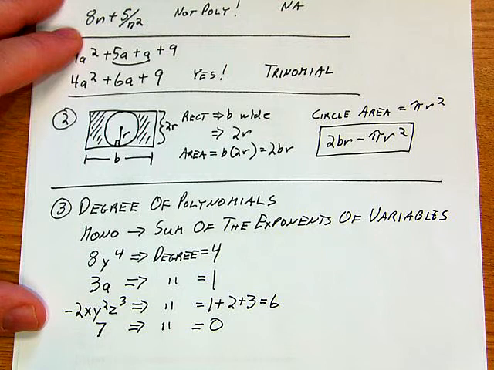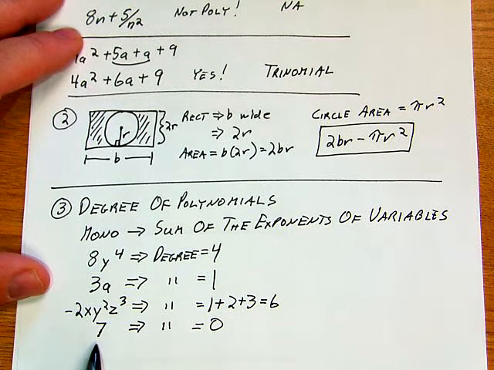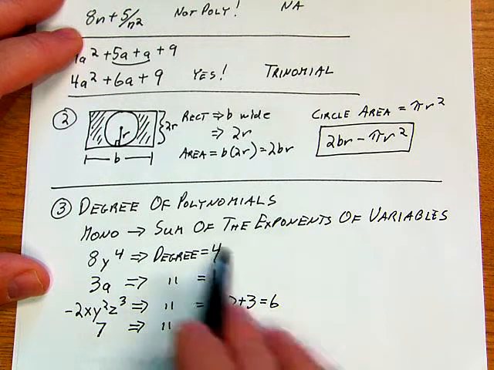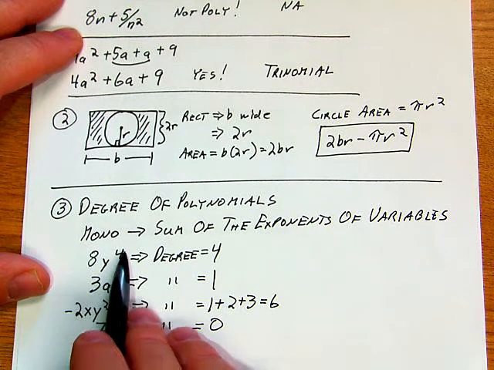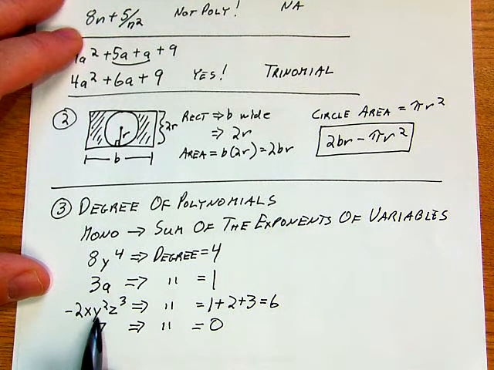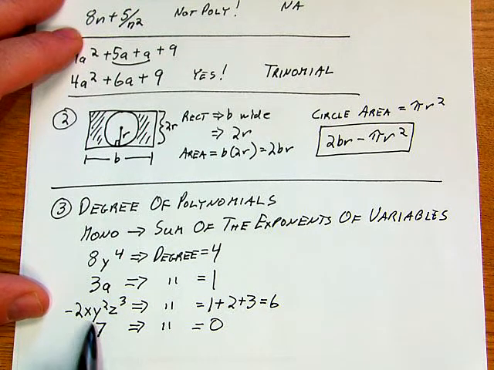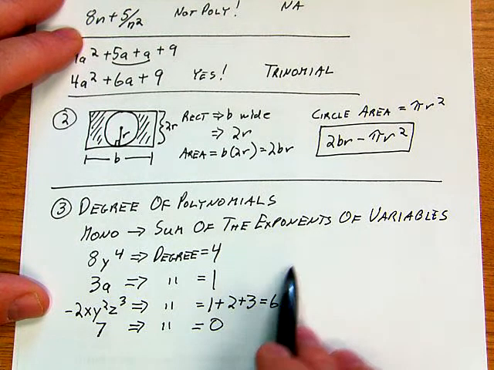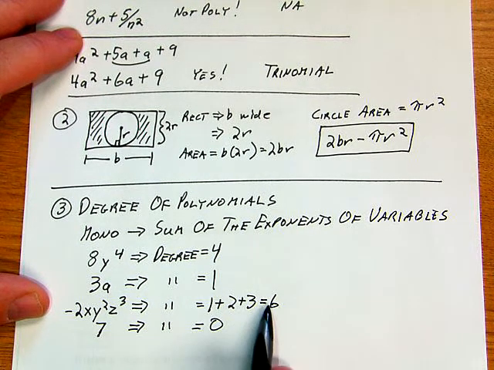If I added these all together, which one has the highest degree? This one right here, 6. So the degree of a polynomial of 8y to the fourth plus 3a minus 2x y squared z to the third plus 7 is the highest degree of any of the terms. If this was one big polynomial, the degree of the polynomial would be 6.